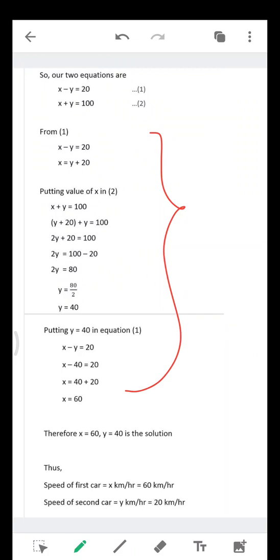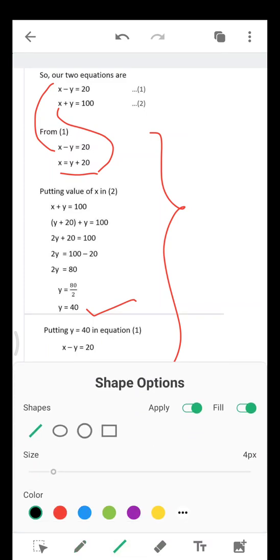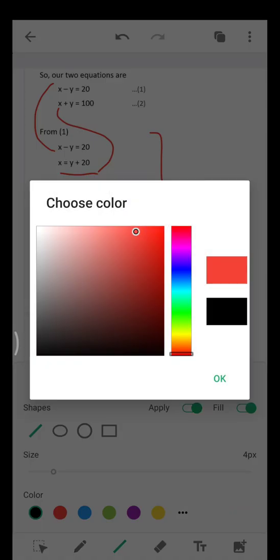We are taking equation number 1, taking the x value from equation 1 and putting it back in equation number 2, and simplifying. We got y is equal to 40 and x is equal to 60. So the speed of the first car is 60 kilometers per hour and the speed of the second car is 40 kilometers per hour.